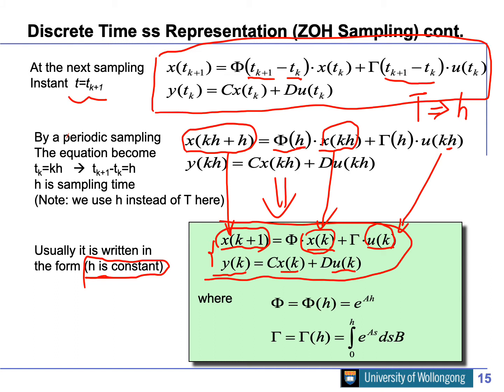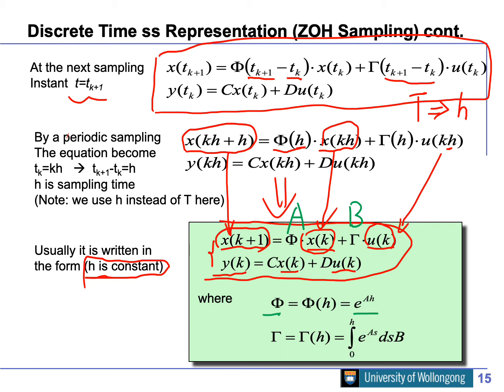And here, if we compare the previous state space representation with a continuous system, pretty much they are the same, other than A is represented by phi, B is represented by gamma, C and D actually are the same. And the definition of phi is e^(Ah). So it's still linked to A, right?